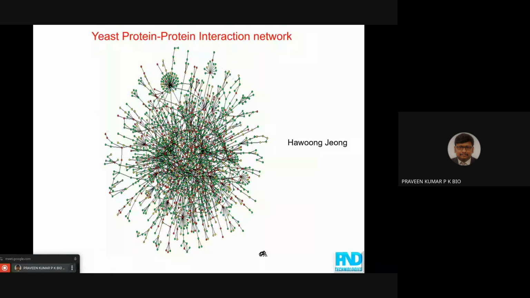In yeast protein networks, you see a group of proteins in this network can follow one pathway, and whatever you find in this can follow a second pathway. For example, if you see metabolic pathways like the glycolysis pathway, gluconeogenesis pathway, the citric acid cycle pathway can be somewhere nearest to that. You got it.